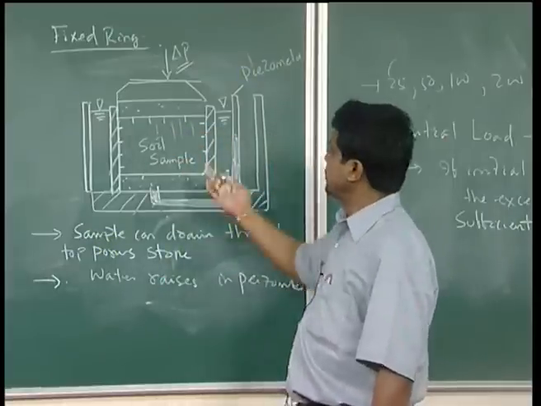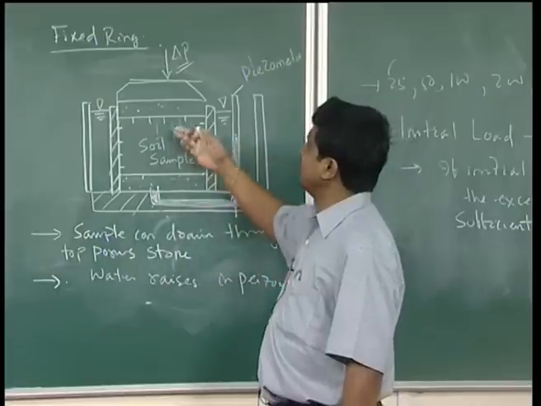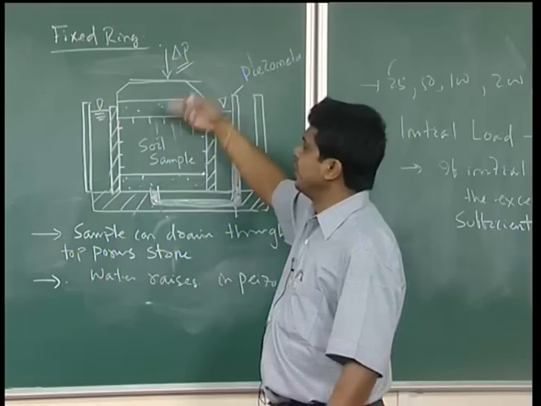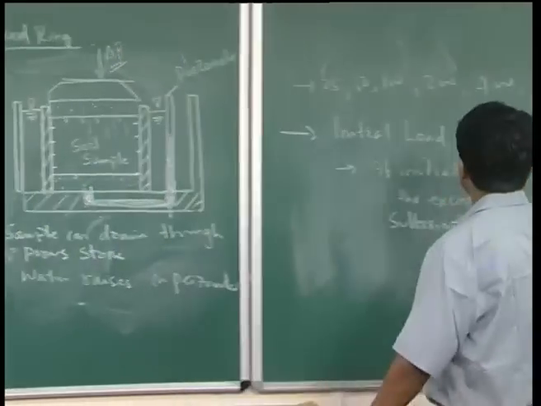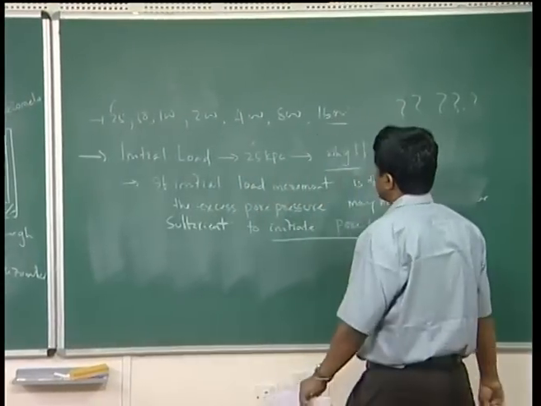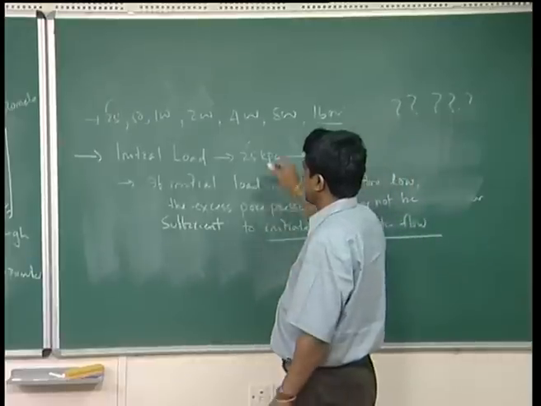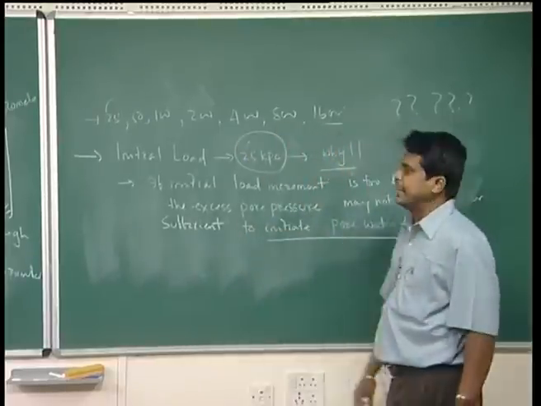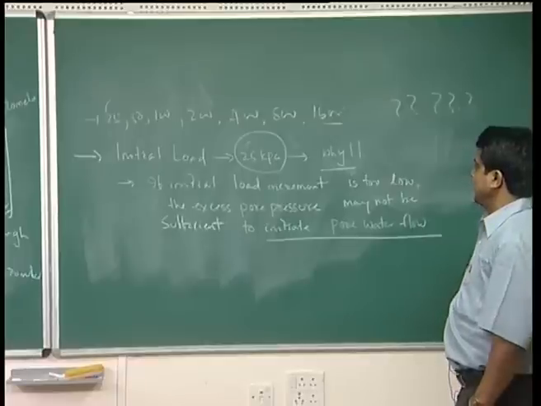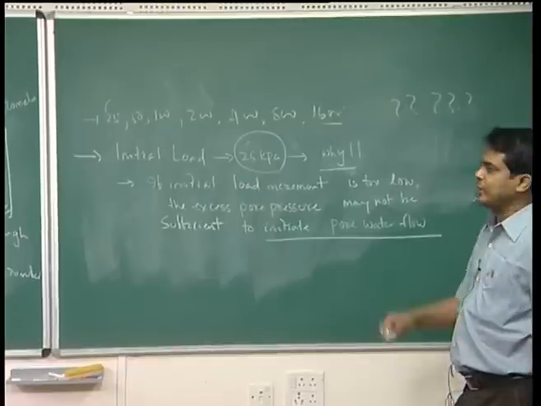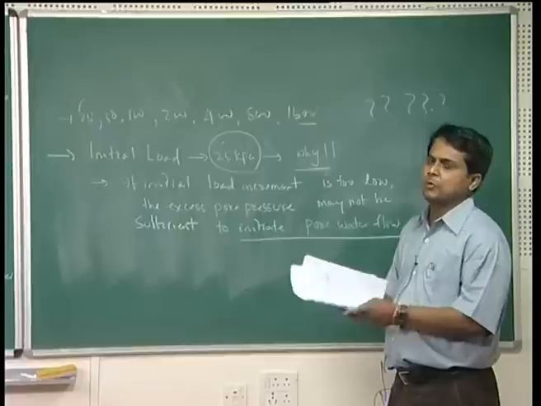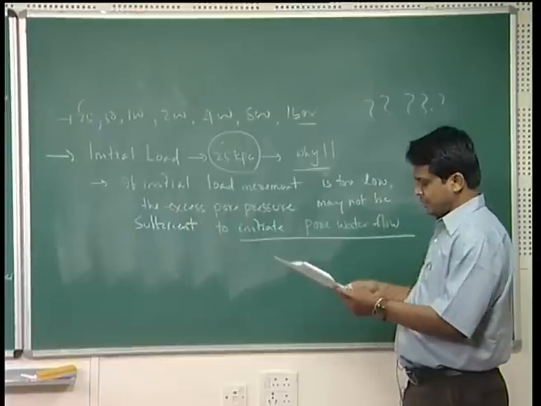If the load is not sufficient, the pore water may not come out. To help that, as per the ASTM standard, an initial load of 25 kPa is recommended so that it will initiate or start the pore water flow.